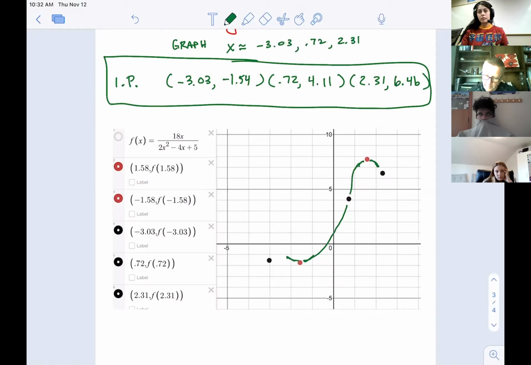What about over here? Does it go like that? Is that what happens? Why could that not be true? Wouldn't the inflection point say, because you already have an inflection point that means it's concave down, so wouldn't that inflection point mean that's concave up? Yeah, because it switches, to the right.